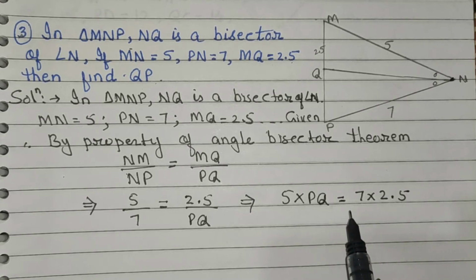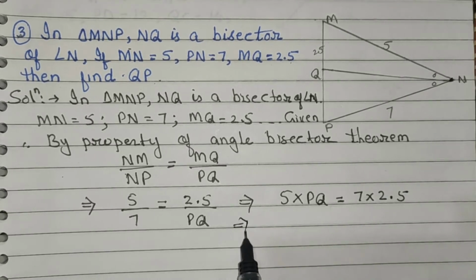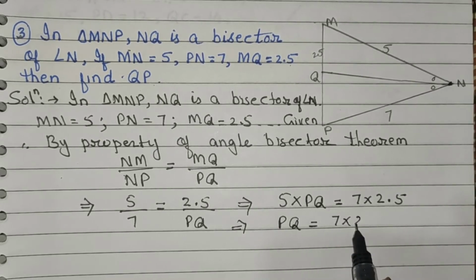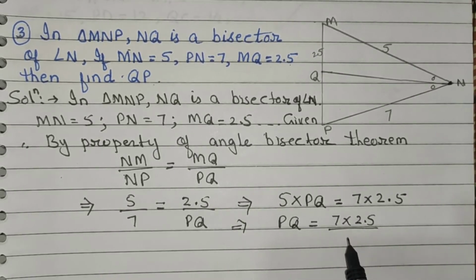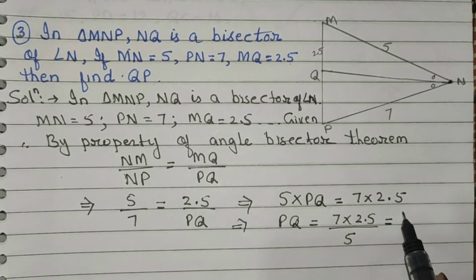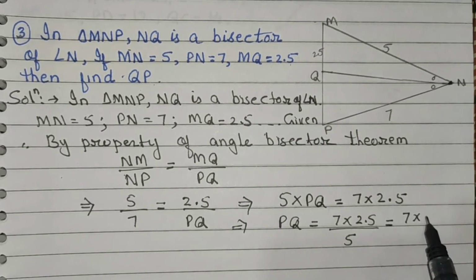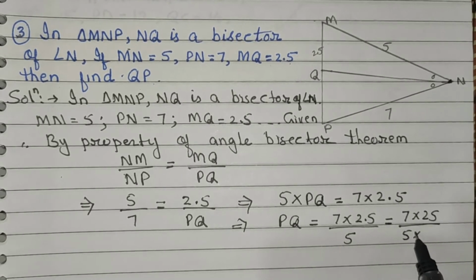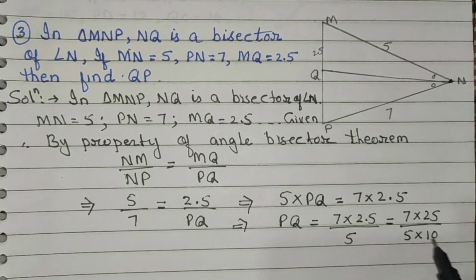Now dividing both sides by 5, we get PQ is equal to 7 into 2.5 upon 5. Now it can be written as 7 into 25 upon 5 into 10. Now solve it.